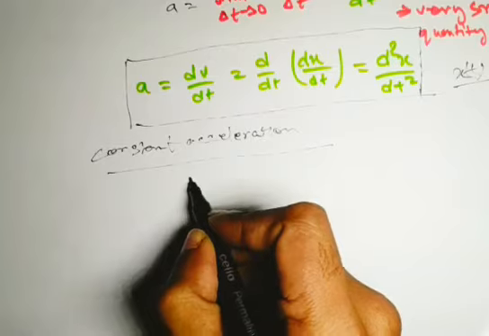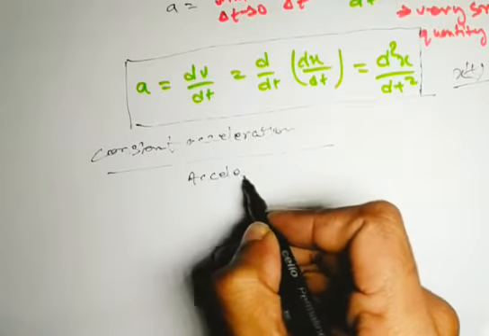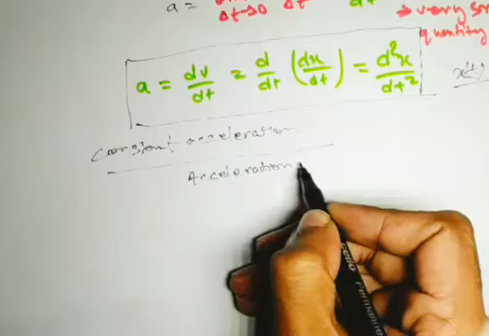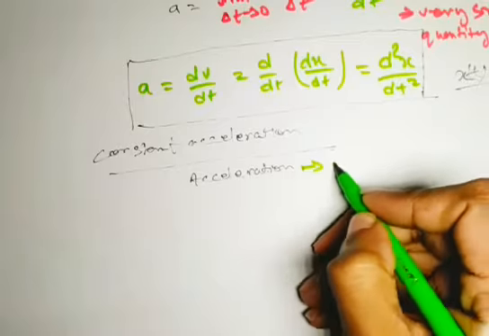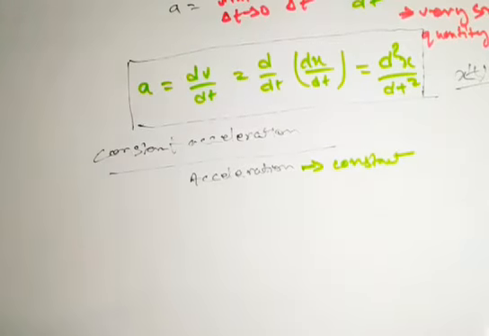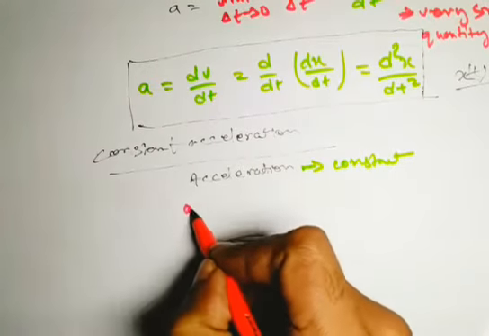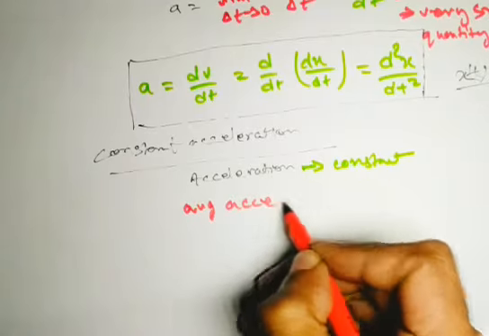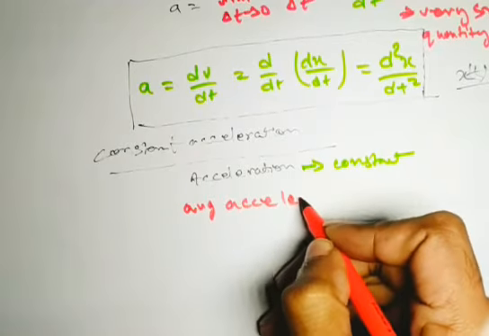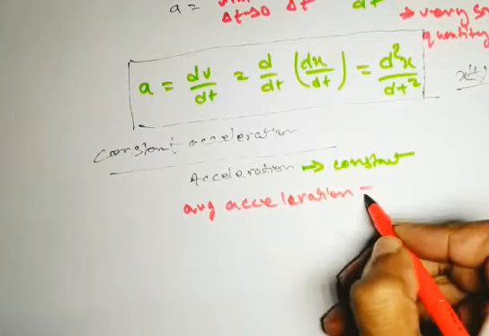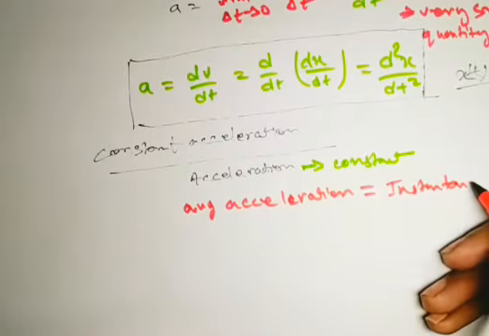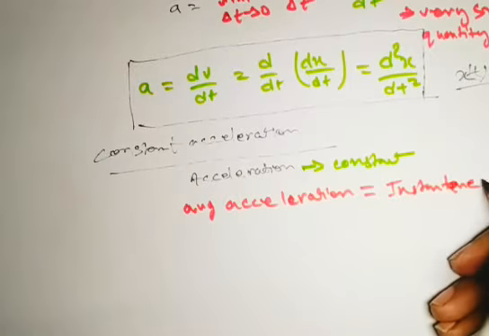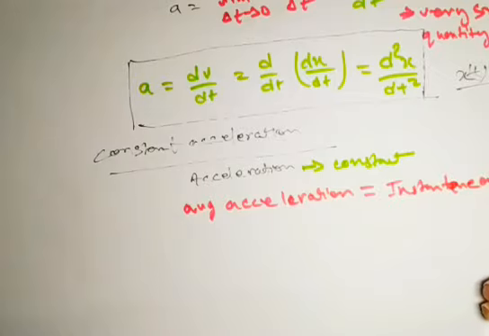When acceleration is constant, then we can say that average acceleration is equal to instantaneous acceleration.